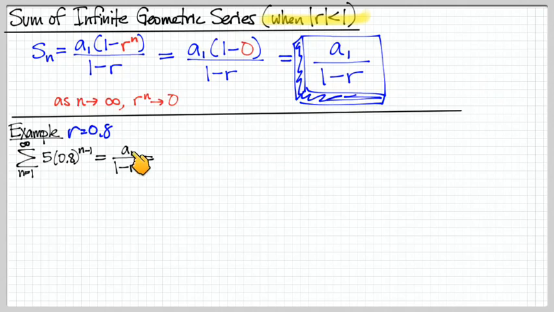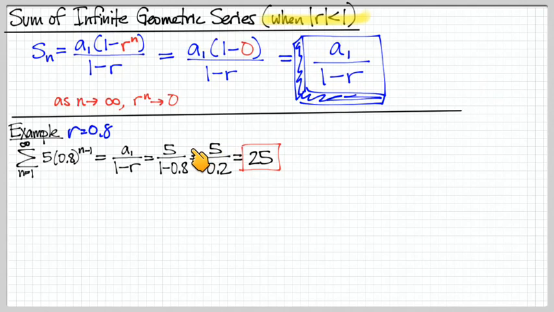So we use our formula, the first term divided by 1 minus r: 5 divided by 1 minus 0.8, where that's the value of r. 5 divided by 0.2 is 25.